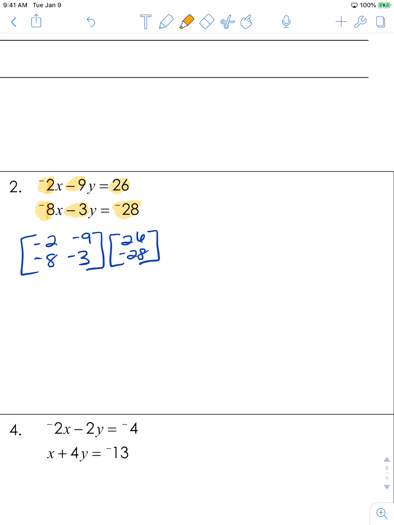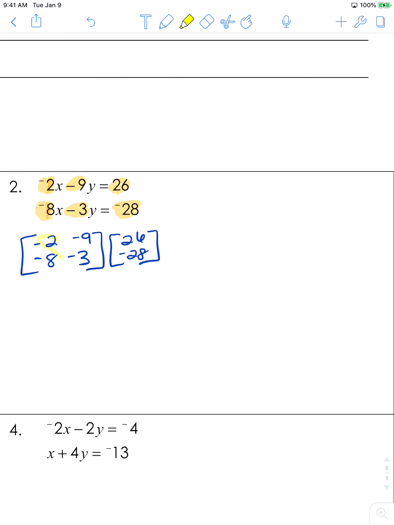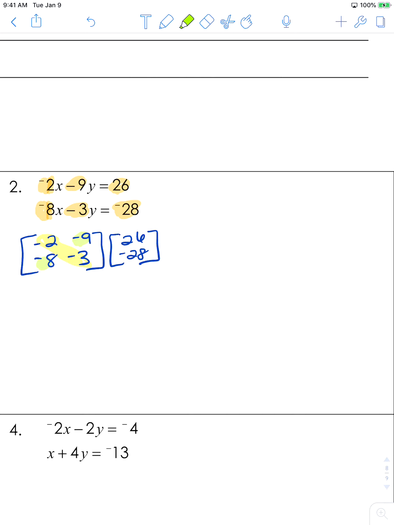So remember, you're going to flip these two and then change the signs of these two. So we're going to come down here, and this time the -3 and the -2 are switched. And since both the 8 and 9 were negative, now they become positive.